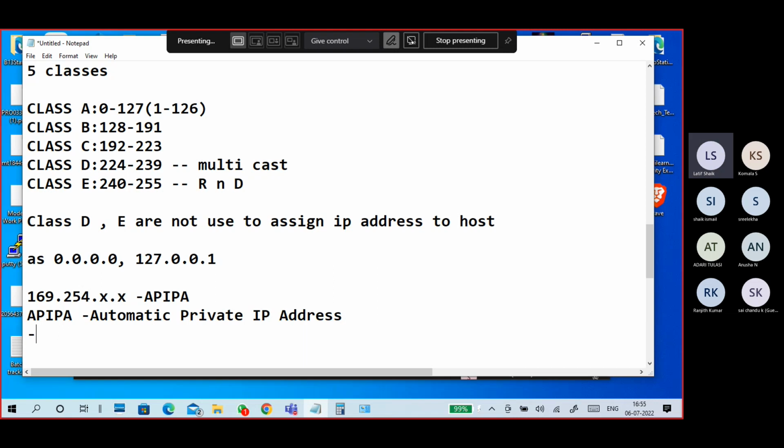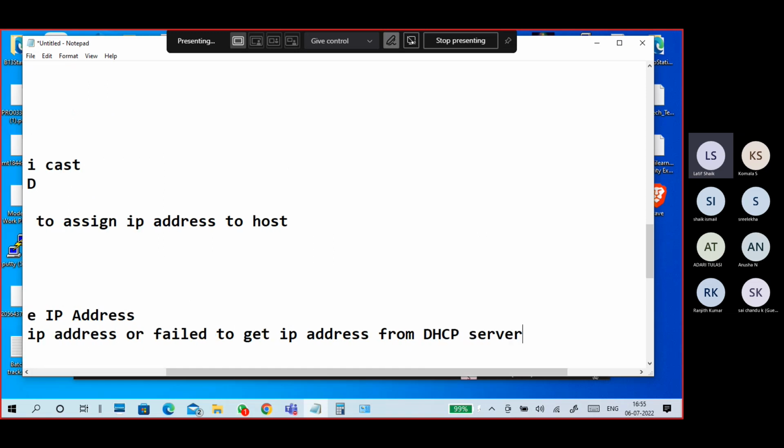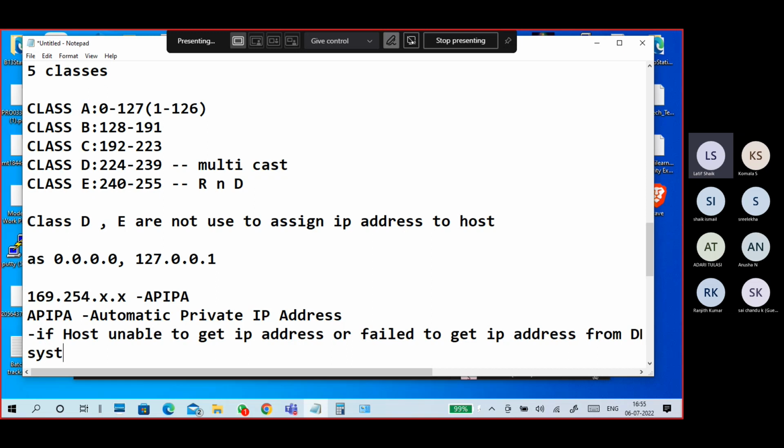So what will happen if a host is unable to get an IP address, or fails to get an IP address from the DHCP server? Then the system assigns itself an IP address from that range.